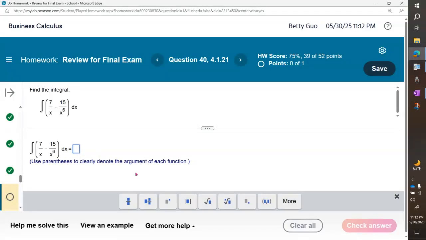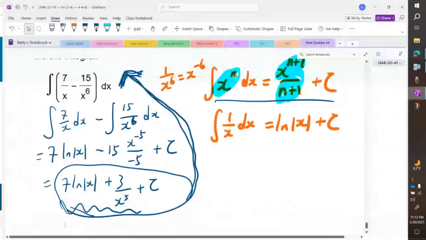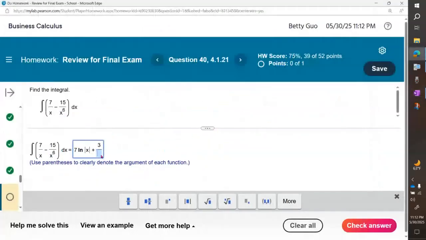So I would have 7 ln absolute value of x plus 3 over x to the power fifth plus c.